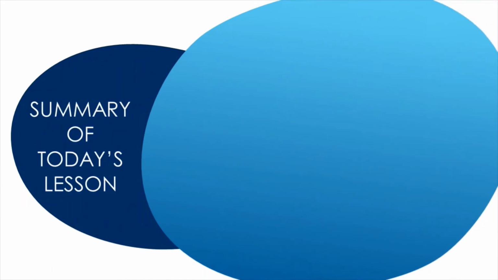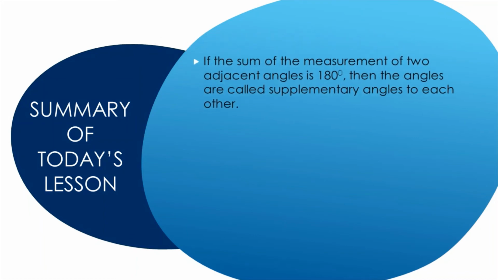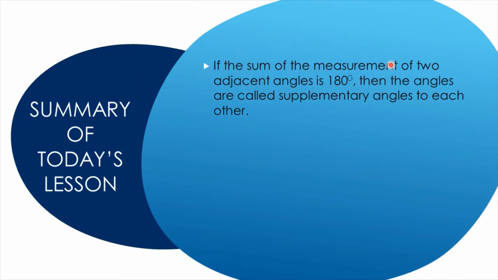Now, summary of today's lesson. If the sum of the measurements of two adjacent angles is 180 degrees, then the angles are called supplementary angles to each other. Already we have learned about this topic at the start of this class.